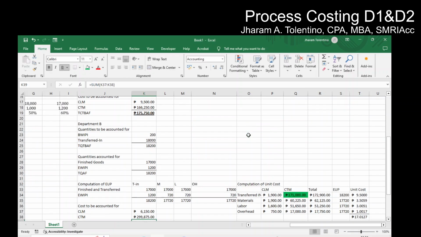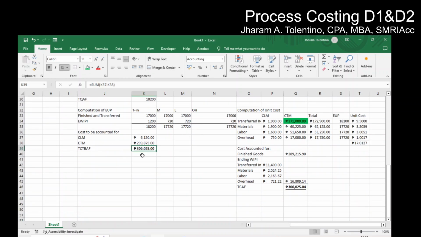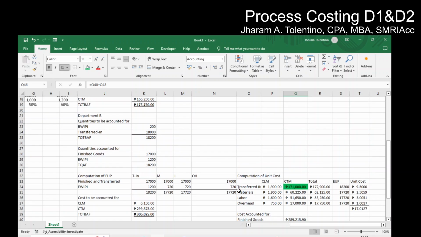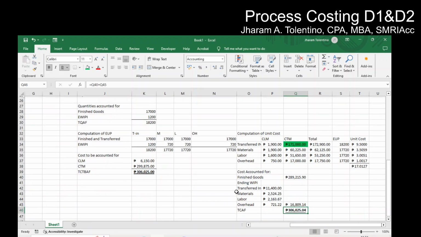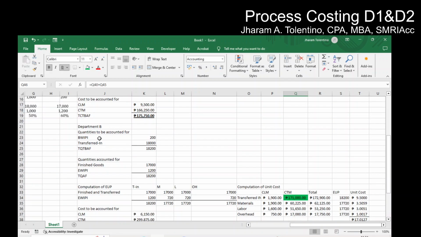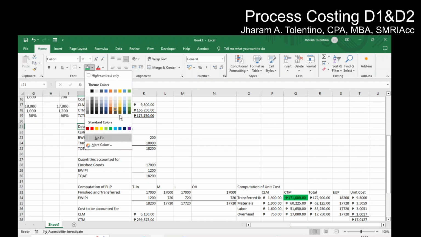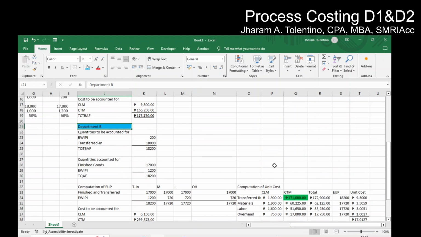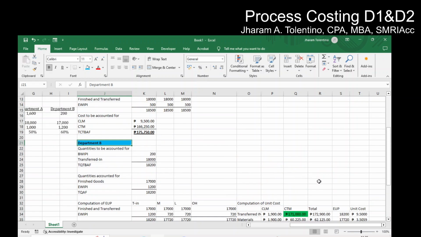There. Okay, so that's 306,025. We just have a difference of 0.04 to account for the rounding off. Okay, I think that's all for Department A and Department B. Let's color it blue for our activity for today. Next is FIFO. Okay.